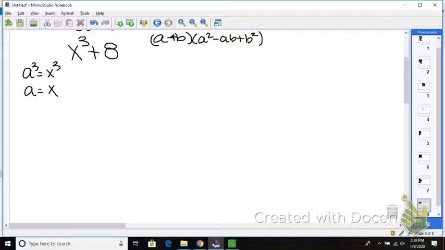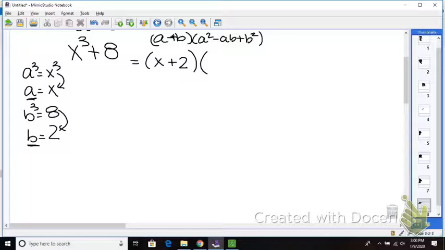The cubed root of x cubed is x. So if b cubed is 8, what's b going to be? 2. We're just doing the cubed root to find our a and to find our b. Once you have your a and your b, you just fill in with the pattern that's given to you. So we're going to do a plus b. So I have x plus 2.